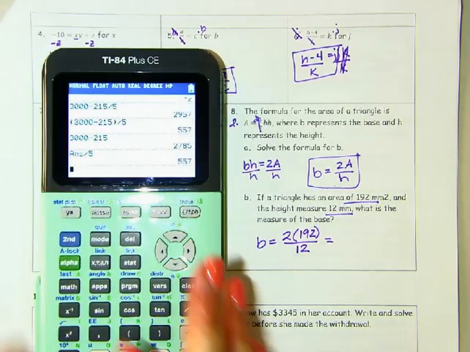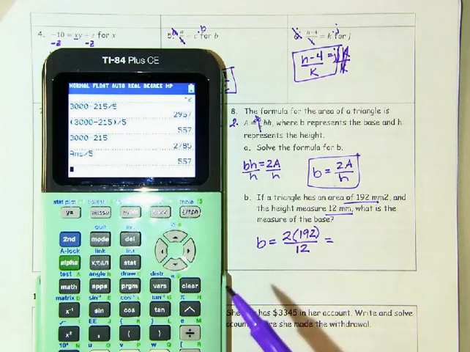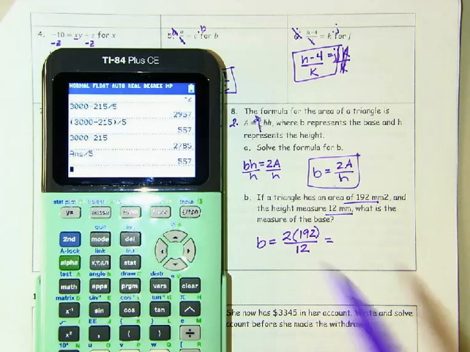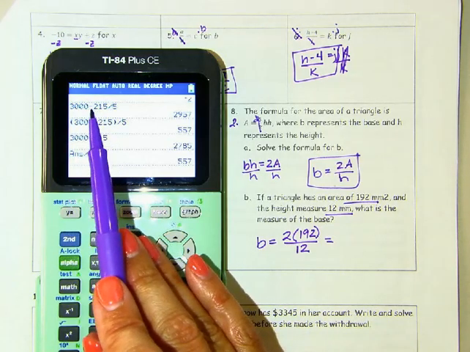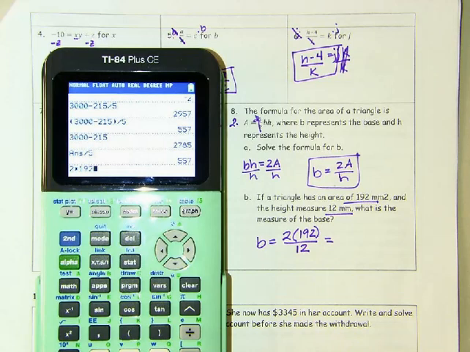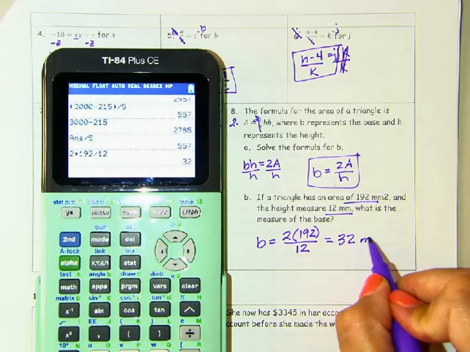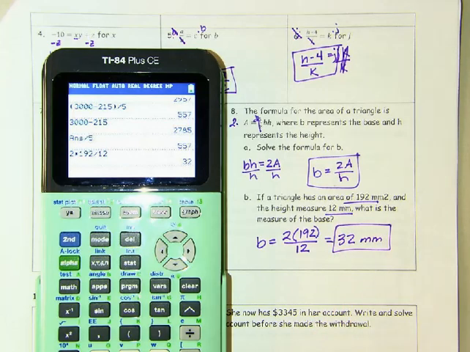Now, because it's not adding and subtracting on the top, I know that's confusing, but multiplication and division, it just goes in order. But when you do addition or subtraction and then division or multiplication, it does the division or multiplication part first. So here I can just type in 2 times 192 and divide by 12, and I get 32 millimeters, and that is correct, okay?